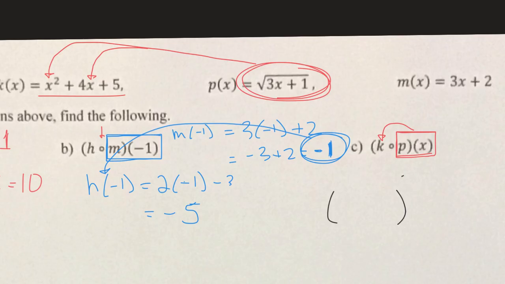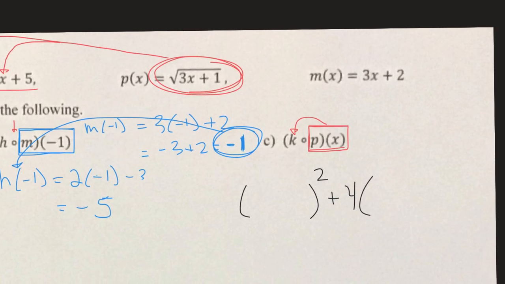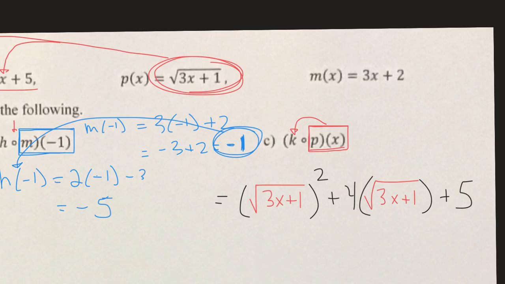So first I'm squaring it, and then I'm multiplying it by 4. Then I'm adding 5 to whatever that answer happens to be. So root 3x plus 1, root 3x plus 1. Everywhere I see an x, I replace it with that equation.